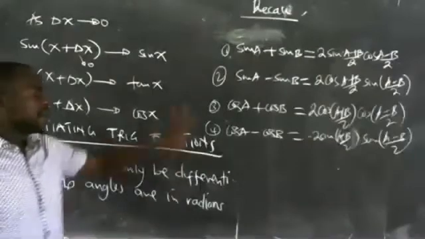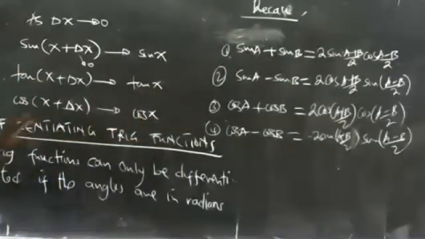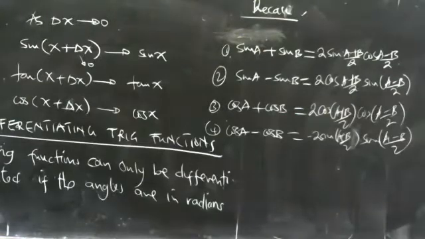Now we are going to use the factor formulas to differentiate. So I beg you, make sure you know all four factor formulas. You don't need a logbook. They should be in your head.